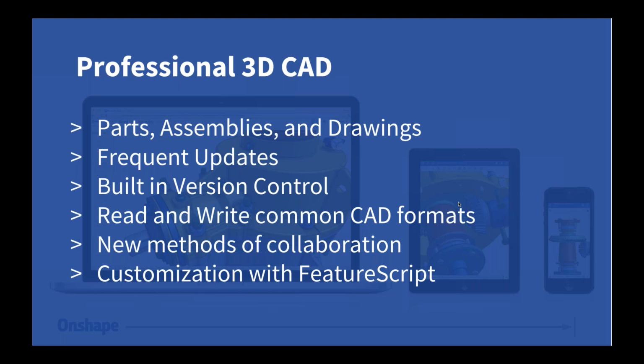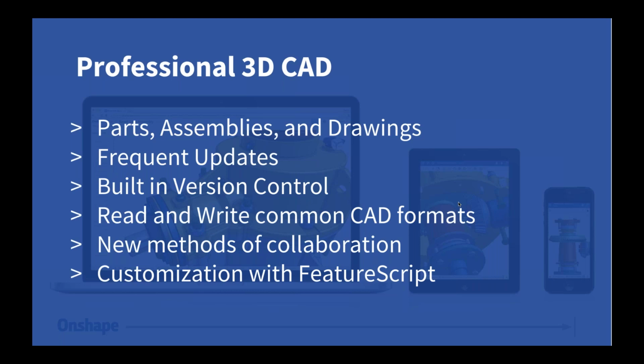Now, also with Onshape comes the ability to import and export common CAD formats. So, if you have a library of CAD data, or if you're working with another CAD system, you can import and work with that CAD data in Onshape. And you can export to a lot of formats as well. So if you want to send your CAD data off in a certain format to someone, you can export to a number of different formats. Obviously, STEP, IGES, Parasolid, the obvious ones are there.